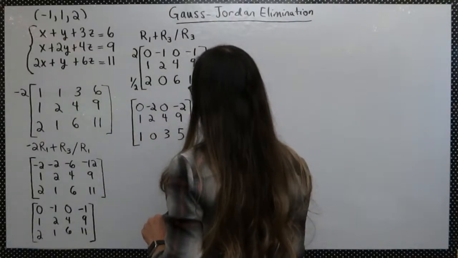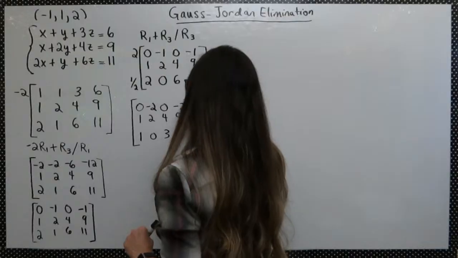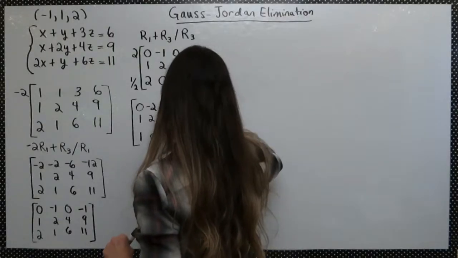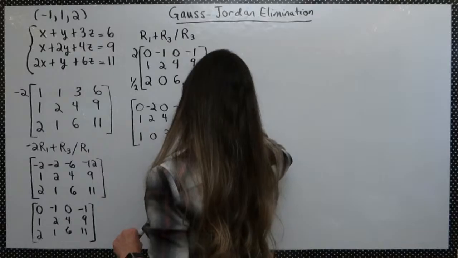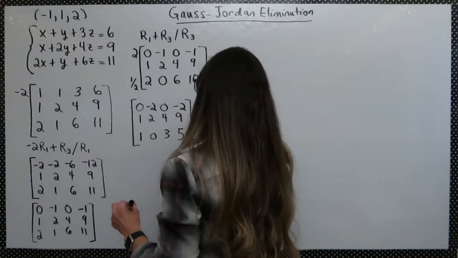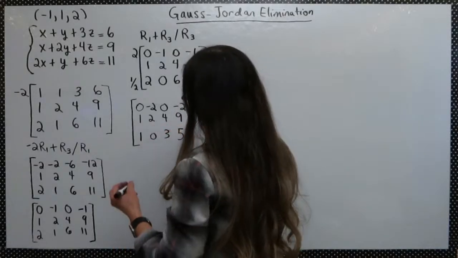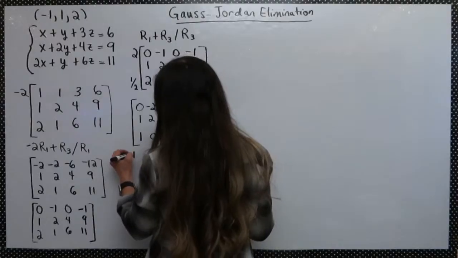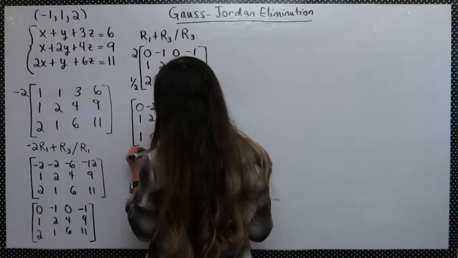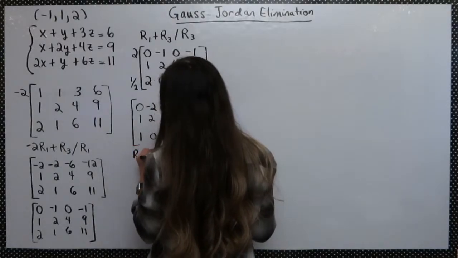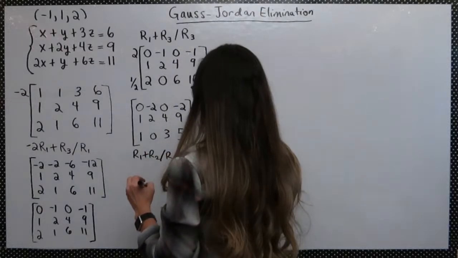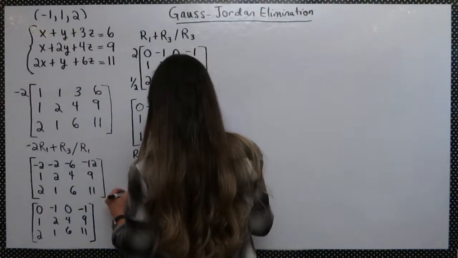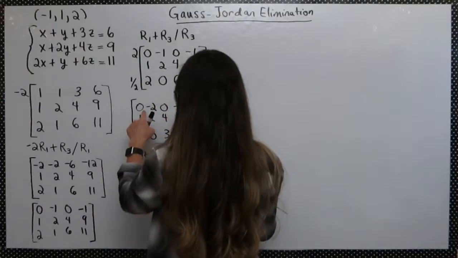There, that's better, because now I can add row 1 and row 2, replacing row 2, and then I'll make 0 there. So we're going to say row 1 plus row 2 replace row 2. Switch the order and see how that goes.